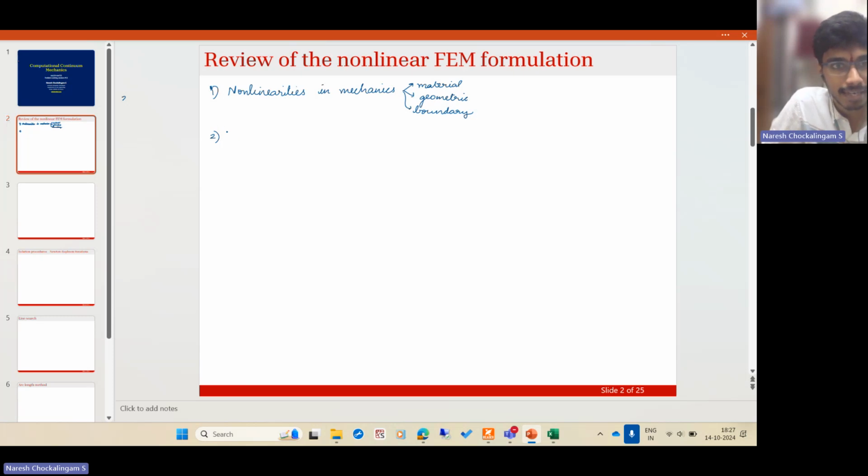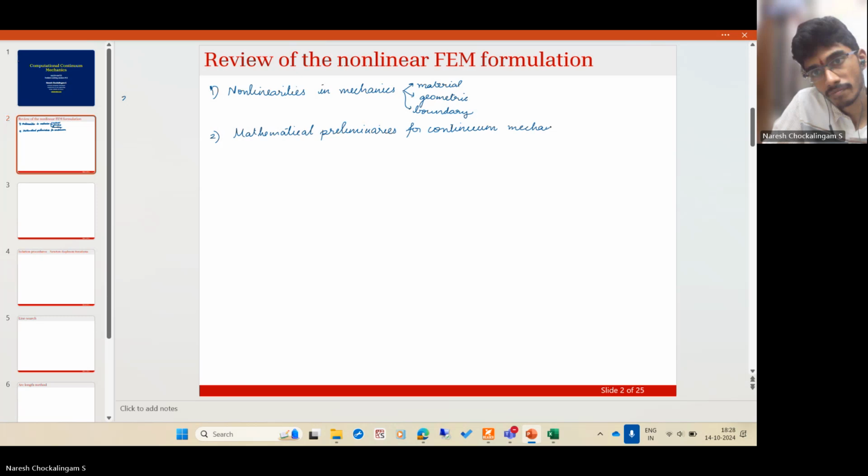Then we looked at the kinematics. Even before kinematics, we saw some mathematical preliminaries for continuum mechanics, and the associated calculus.